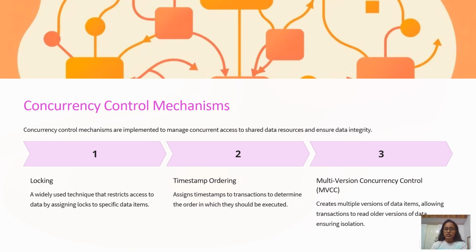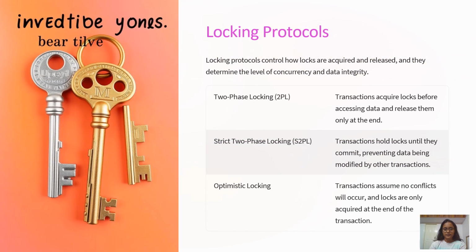Timestamp ordering will ensure that transactions follow a predetermined sequence. Then next is validation based methods. These are often used in optimistic concurrency control and validate transaction changes before committing them. Each mechanism has its own advantages and drawbacks, typically chosen based on the application needs, such as balancing requirements with the risk of data conflicts.